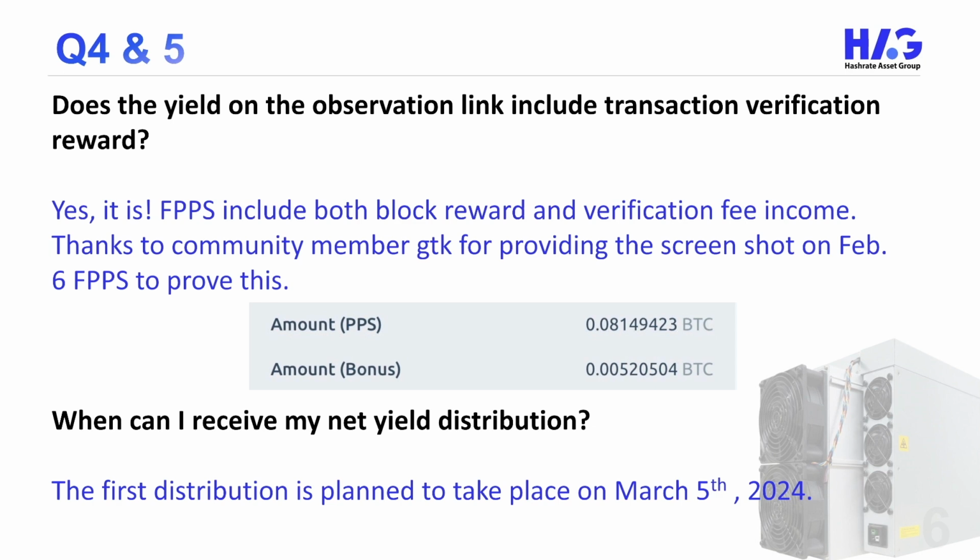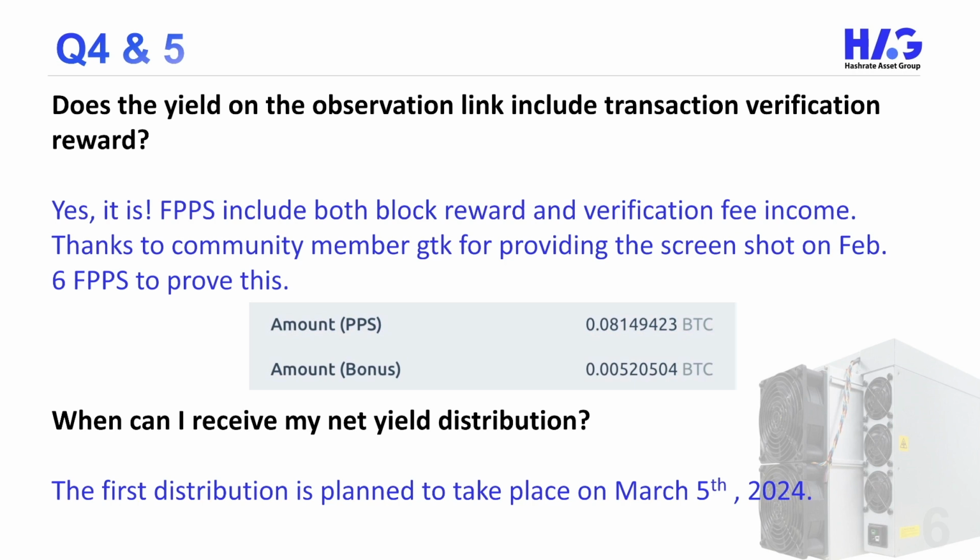This is for the block reward, and the bonus, which is usually the verification fee income, is 0.0052. So to answer you, yes, it includes both the transaction verification rewards, and this is also a benefit for the miner: the more transactions happen on the chain, the more we could earn.